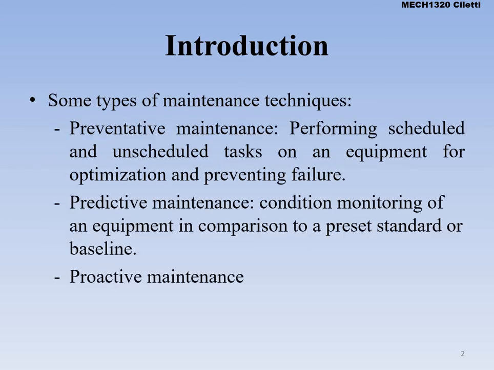So let's talk about different types of maintenance techniques. We have preventative maintenance, predictive maintenance, and proactive maintenance. Preventative maintenance is scheduled and unscheduled tasks on equipment so that we can optimize it and prevent any future failure, or just keep it going.